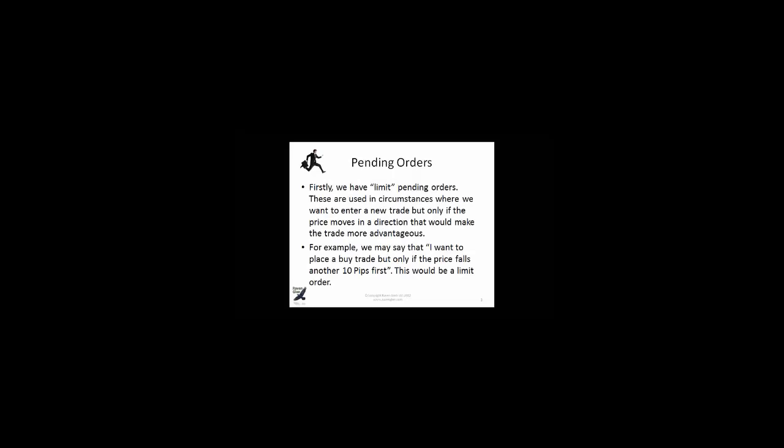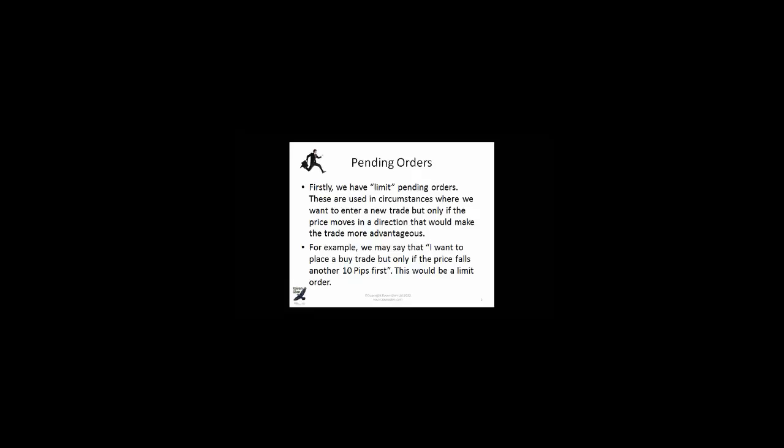So first of all, we have limit pending orders. These are used when we want to enter a new trade, but only after the price has moved in a direction that would make the trade entry point more advantageous. For example, you might want to put a buy trade on, but you only wanted to enter if the price falls by another 10 pips. And conversely, if you wanted to put a sell trade on, but only if the price rose by another set of pips.